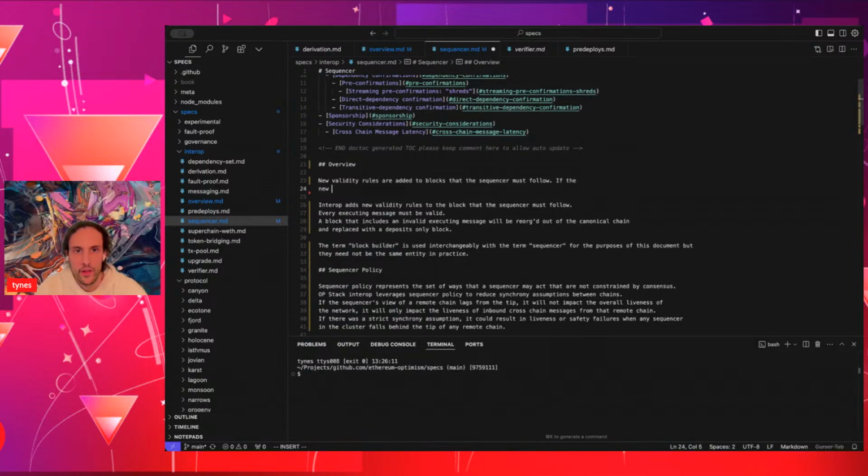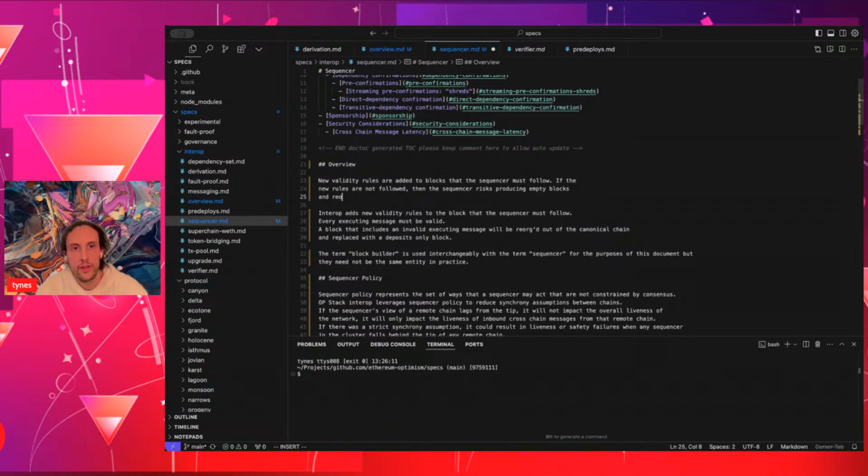If the rules are not followed, then the sequencer risks producing reorgs, producing empty blocks, and we will halt the chain. Okay, I think that's good.